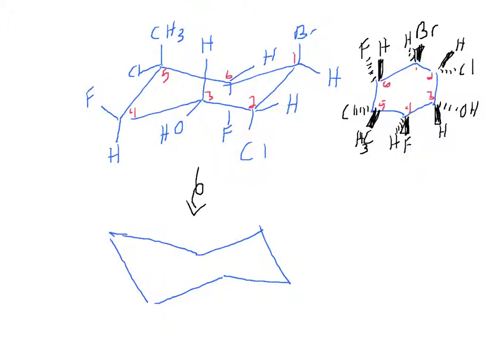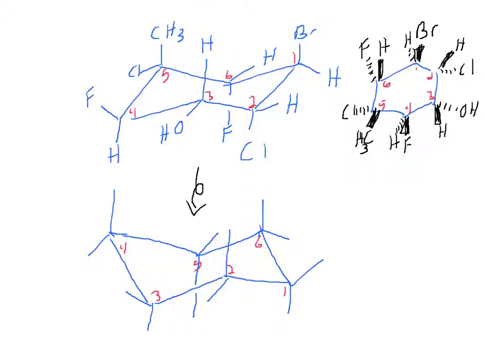So let's number our carbons accordingly. 2, 3, 4 became the headrest. 5, 6. And even easier, if you don't want to worry about this, you can start drawing the bonds in before anything else, right? You can draw the bonds in that way.